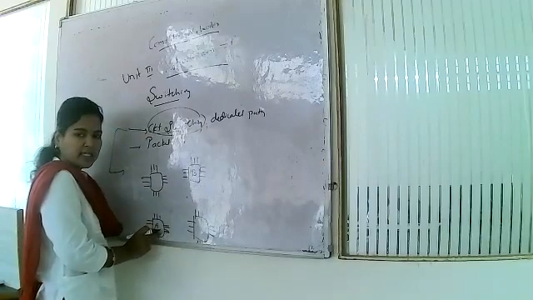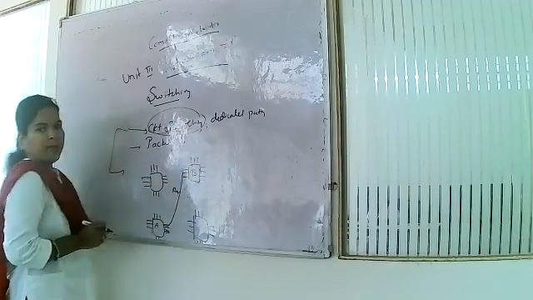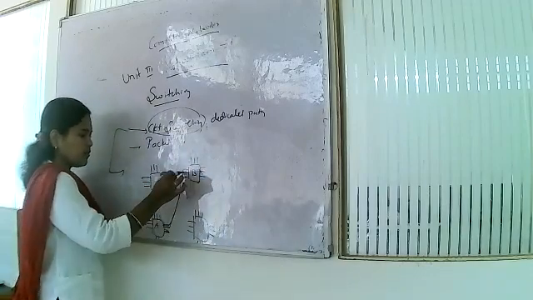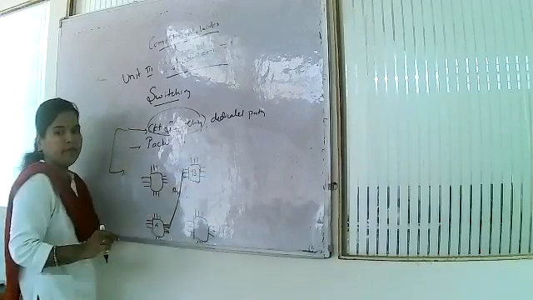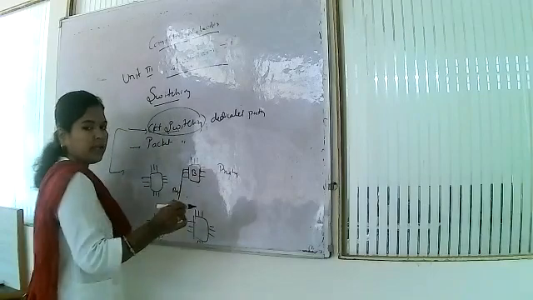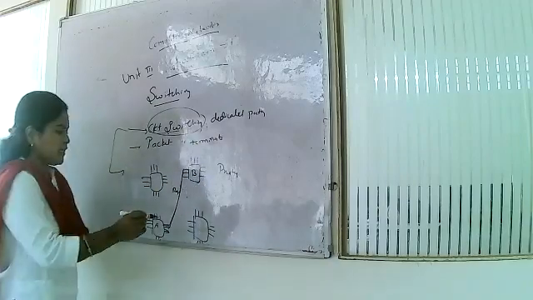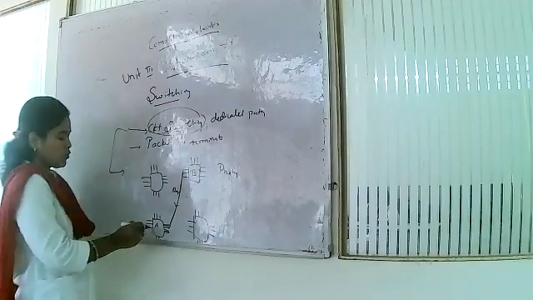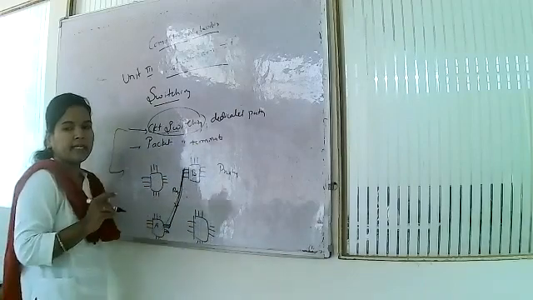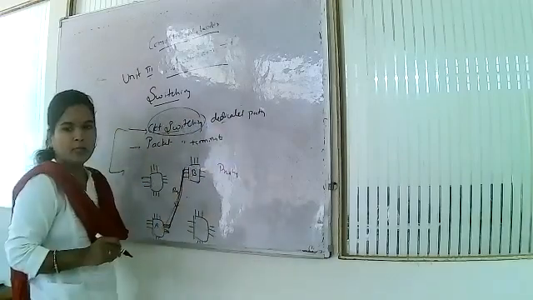So if I want to send data from A to B, it should send a request to B. When B is okay with the communication, it will create the dedicated path between A and B. This dedicated path will be present until you terminate. Only when you terminate will there be no connection. That is the important point.